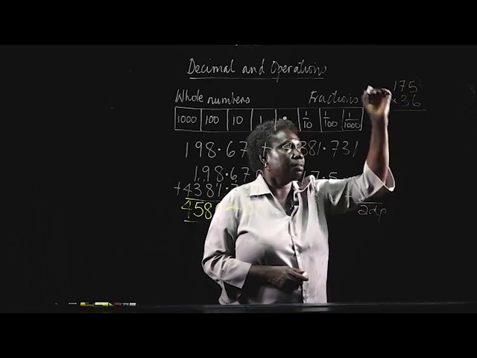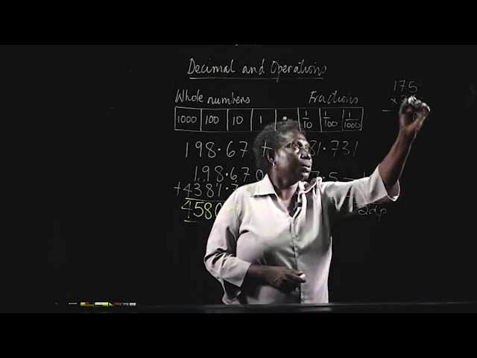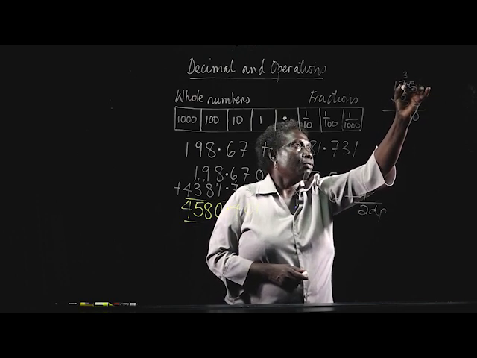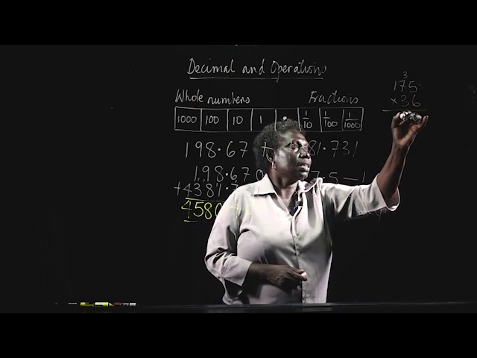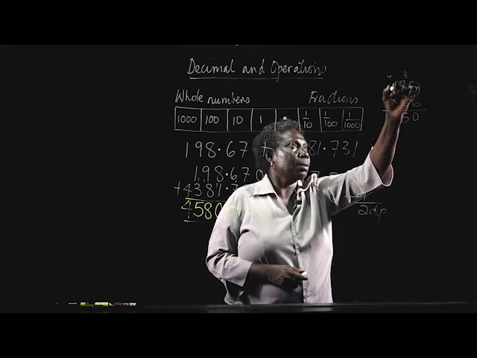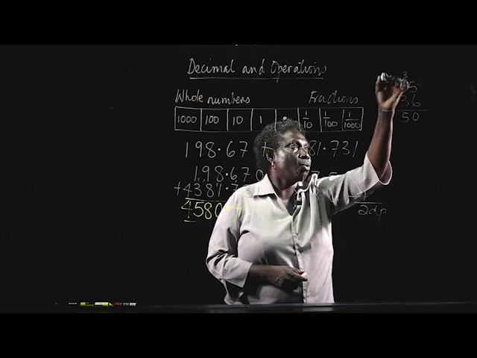6 times 5 is 30, put down 0, carry 3. 6 times 7 is 42, plus 3 is 45, put down 5, carry 4. 6 times 1 is 6, plus 4 is 10.